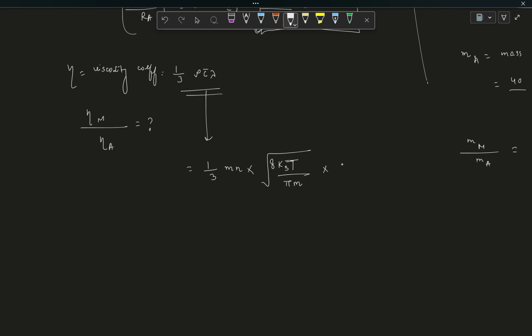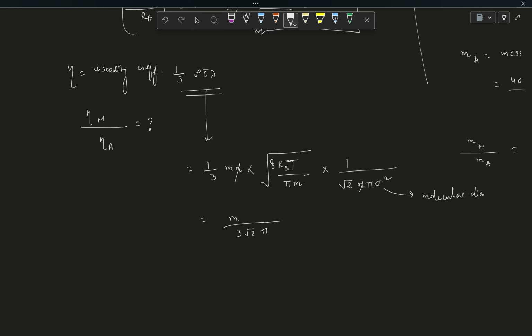into lambda, which is the mean free path. That formula you also know: 1 over root 2 n pi sigma squared. Here this n and that n cancel out. Now try to see what parameters you are left with that are different for argon and methane. First of all, this is m by 3 root 2 pi, and remember that sigma was just the molecular diameter in the standard expression for mean free path.